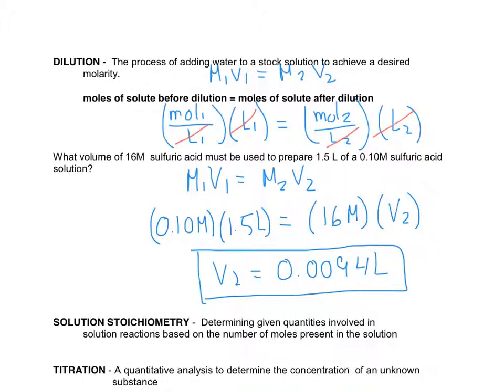So what that means is 0.0094 liters, that's 9.4 milliliters basically. And so what that means is you're going to take 9.4 milliliters of the very concentrated solution, you're going to put it in your flask, and then you're going to keep adding water until you reach 1.5 liters. Your ending result will be a solution that is a 10th molar.